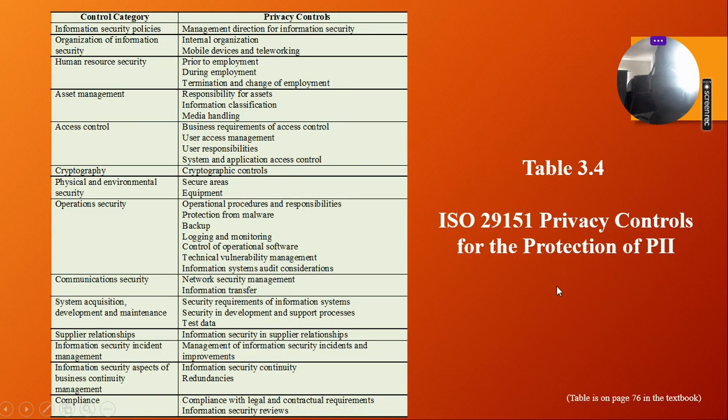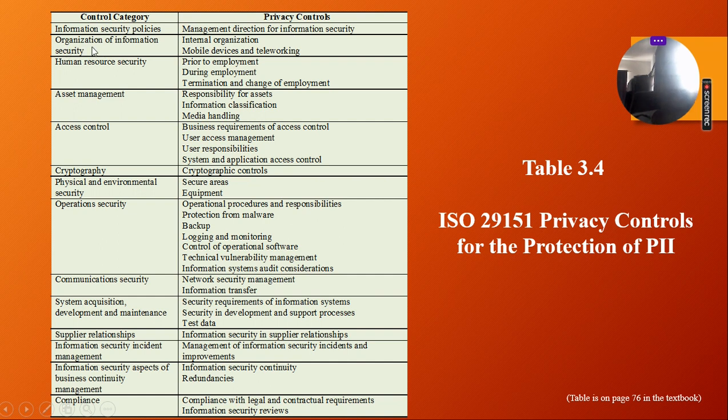Now let's move on quickly for the sake of time. Table 3.4 shows the ISO 29151 privacy controls for potential PII. It looks at, first of all, the control categories and the privacy controls.